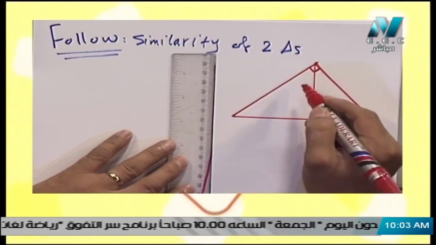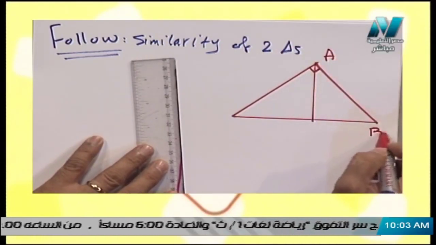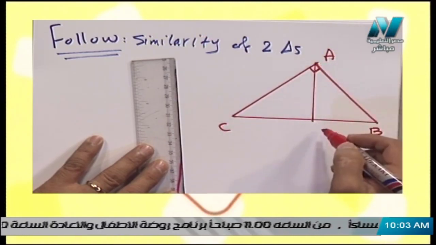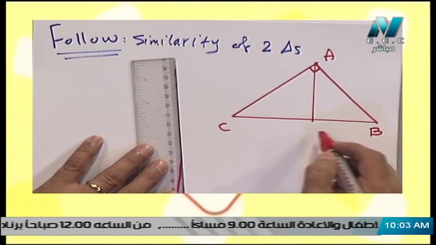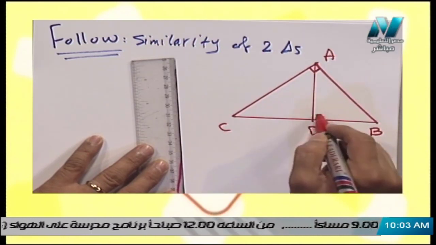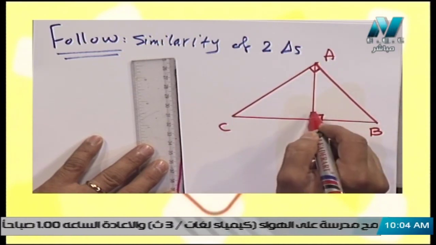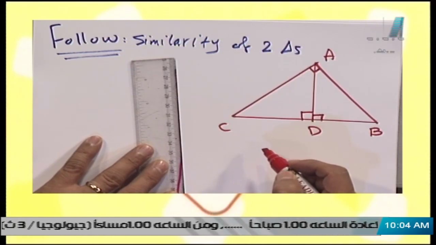We have here a right angle triangle A, B, C, and we draw perpendicular from A to BC, which intersects CB at D, and we have here a right angle. Of course, we have here a right angle also.